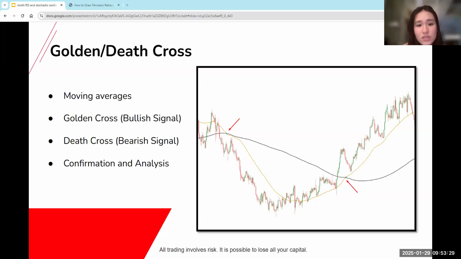And the death cross is basically the opposite, where the shorter term moving average crosses below. So this should be used more as a confirmation of your analysis already, and it shouldn't be used solely on its own.